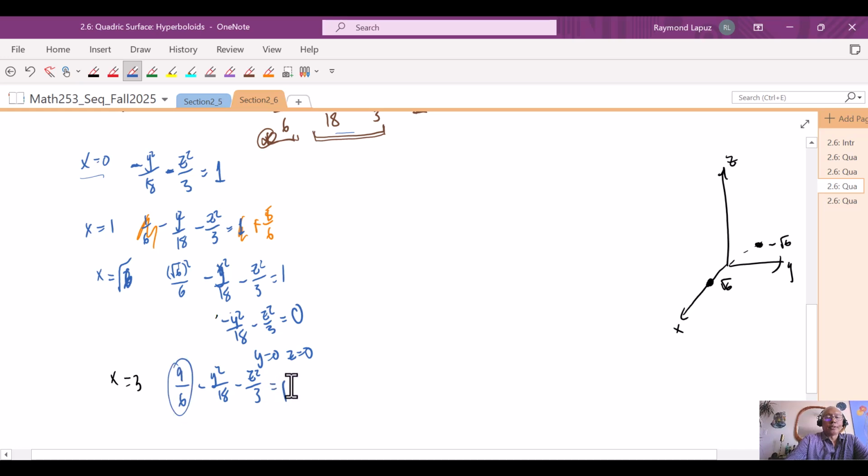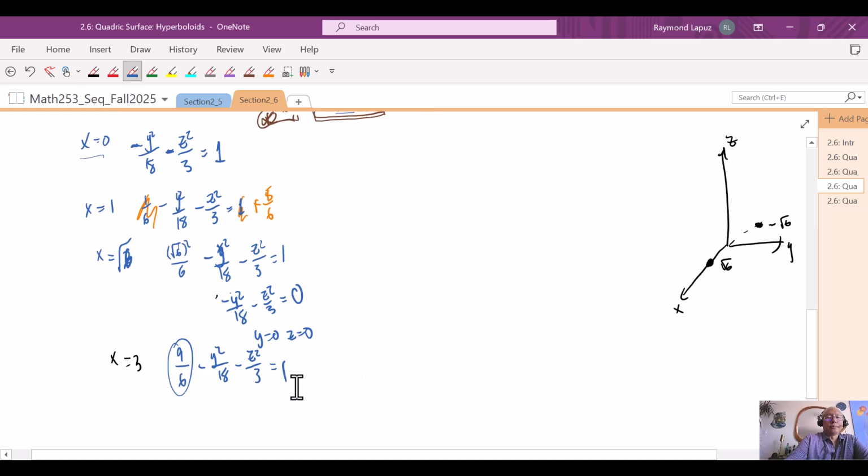3 halves, so we add that, we get 1/2, negative because we're subtracting that out. Is that right? Yes.